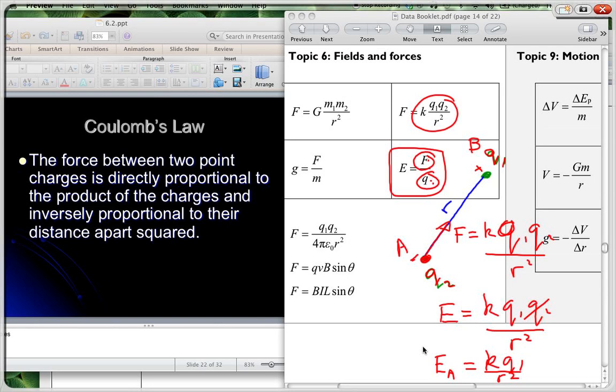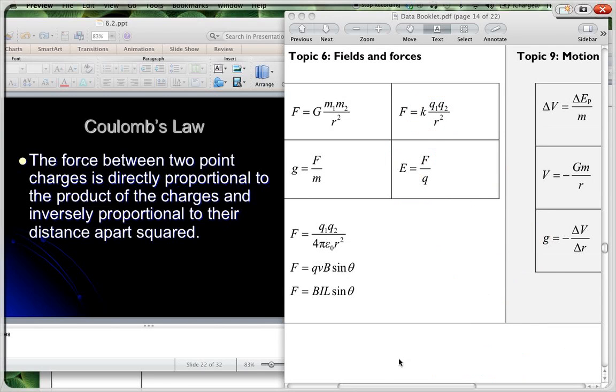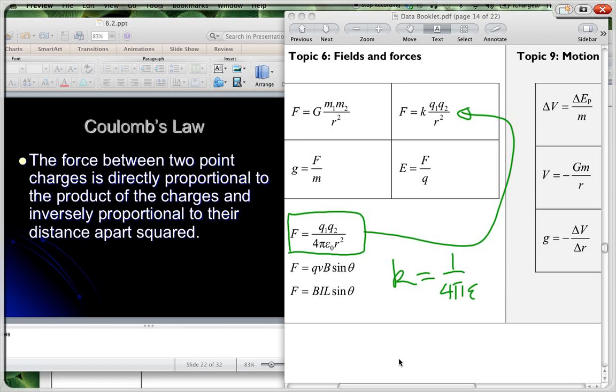Now, finally, just to clarify one thing over here. This formula is the same as that formula over there, except we have K equal to 1 over 4 pi epsilon 0.